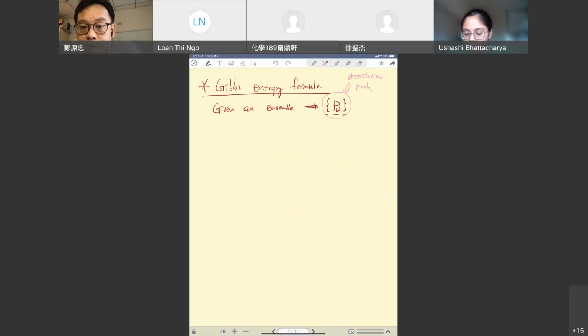So this I denote the probability distribution of a system. If you give the probability for each microstate, and you collect these numbers, this is a probability distribution.